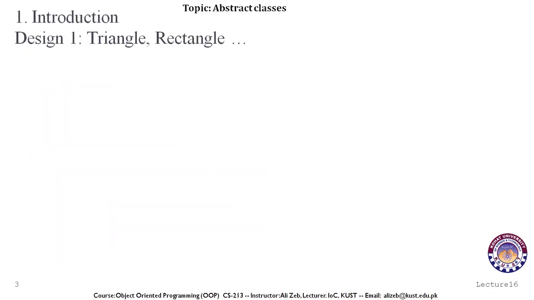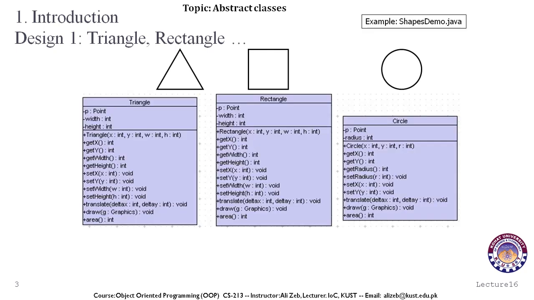For example, we are given some shapes, let's say a triangle, a rectangle and a circle, and we have the UML diagrams of these shapes in the form of UML class diagrams, which tell us the variables for each of these classes and the methods of these classes.